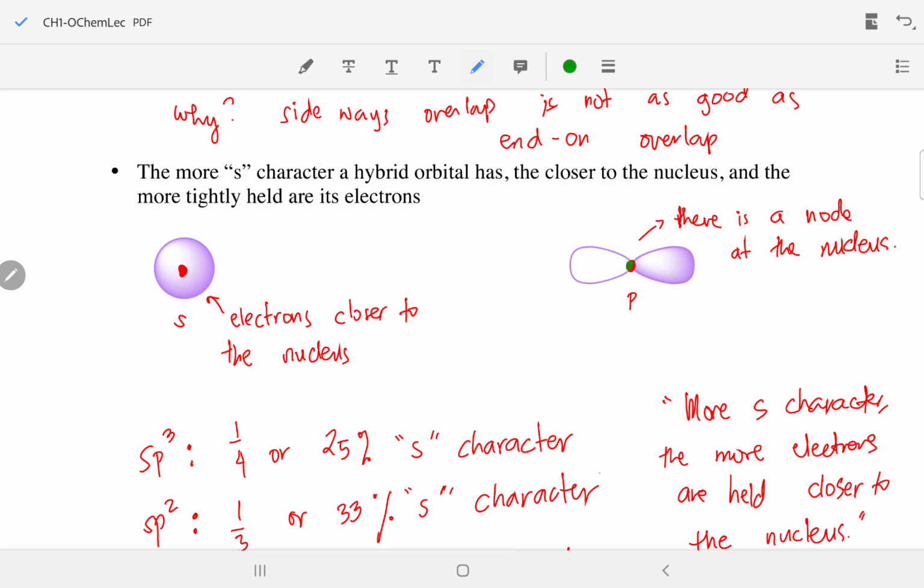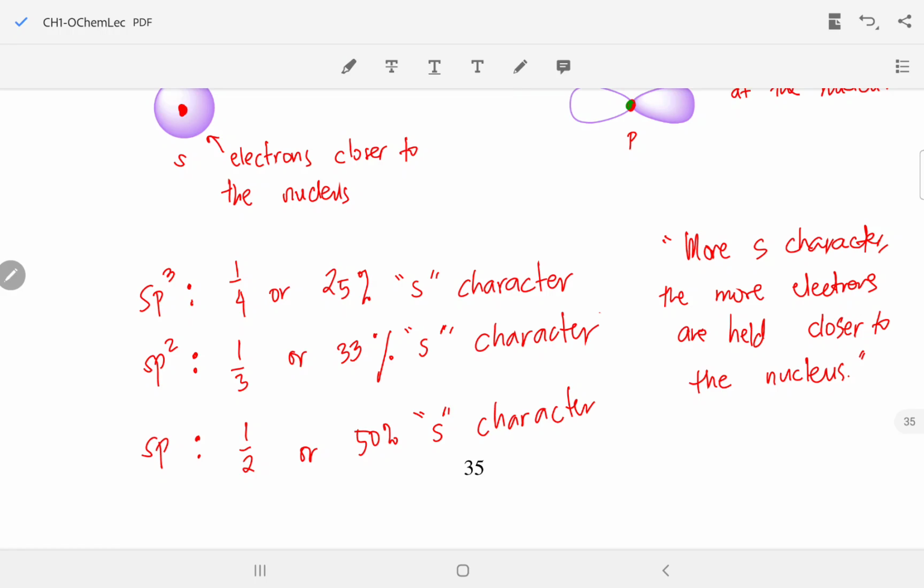So for sp3, its s character means it is close to the nucleus because it is described as if it is an s orbital. So the more the s character, the more the electrons are held closer to the nucleus.